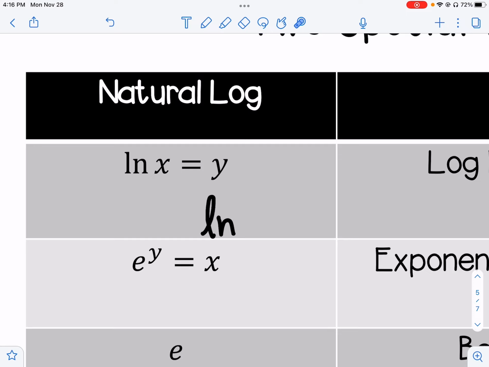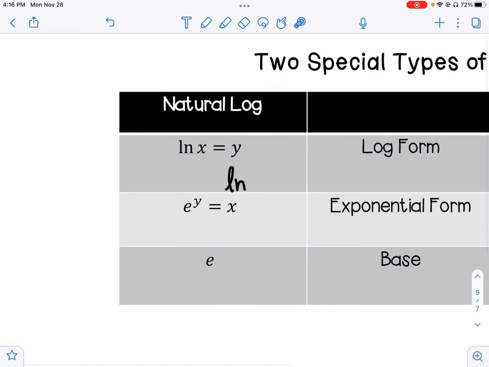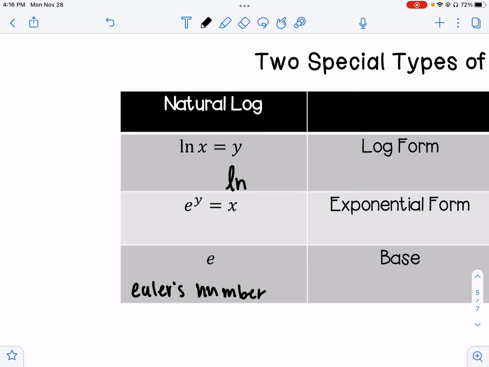A natural log has a base of E. Now, E is a special number. It is Euler's number. And just kind of like how pi is a special number, E is also a special number. So it is a variable, so we represent it with E, but it represents the same number always.